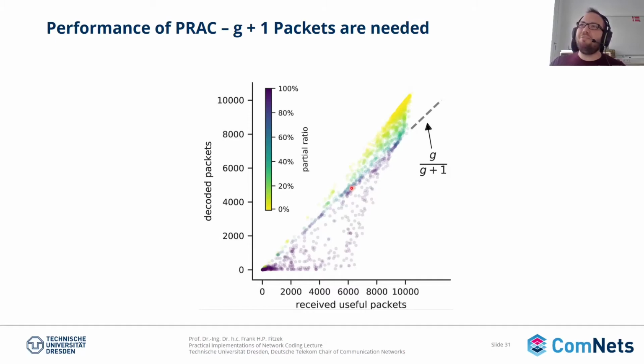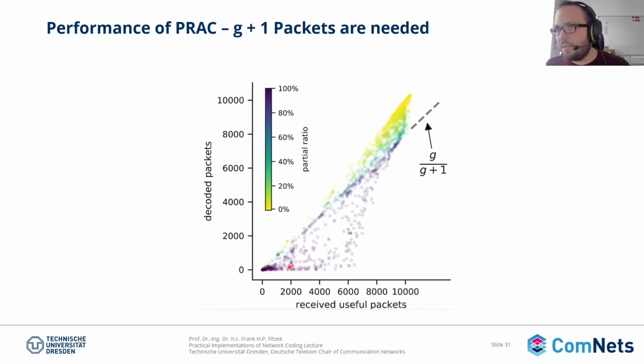If we receive more useful packets than those imposed by the limitation of PRAC, then we can decode a lot more packets. That's why these points would be above this line, because we do not have to get G+1 packets to decode G. Over here, we can decode G out of G. Down here, we can decode G out of G+1.